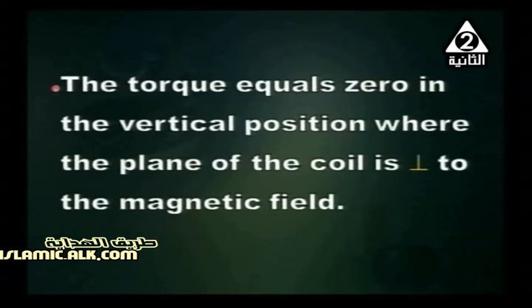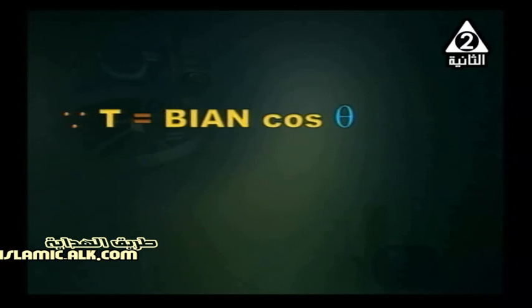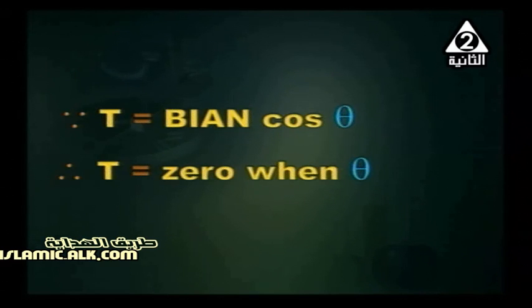The torque equals 0 in the vertical position, where plane of the coil is perpendicular to the magnetic field. The expression that gives torque is BIA cosine theta. Theta is the angle between plane and field, and it is 90. When theta equals 90, cosine 90 equals 0, so torque equals 0.